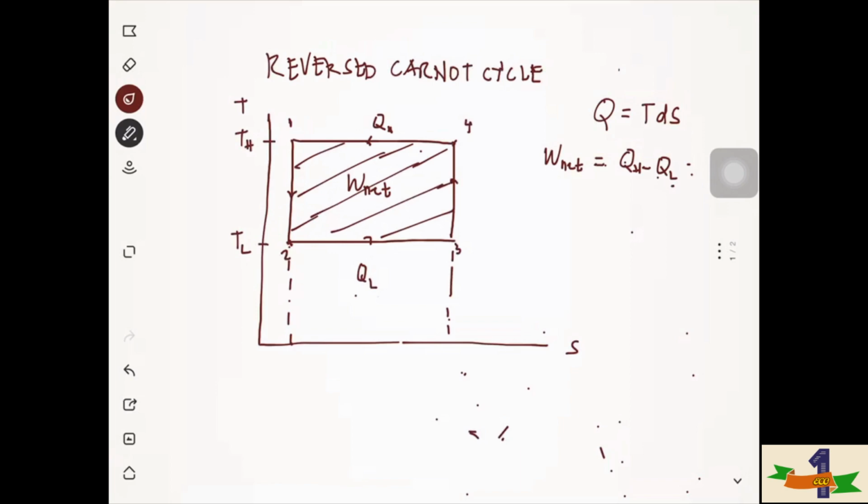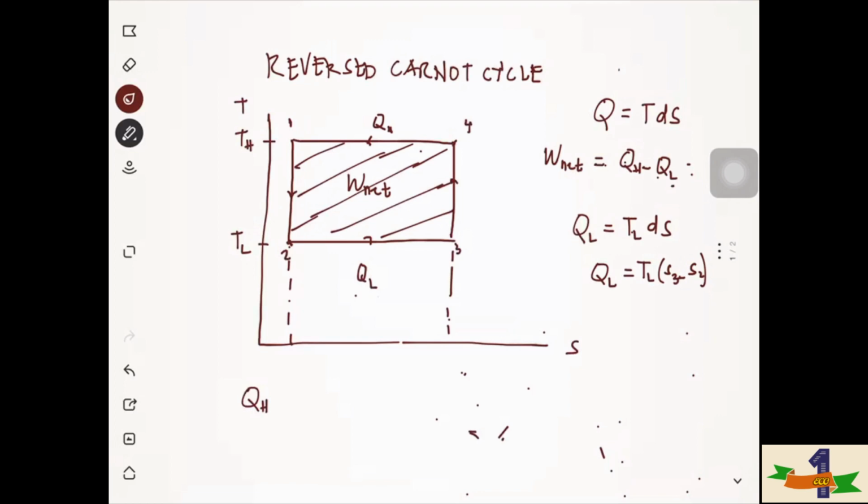So by second law of thermodynamics, we have Q is equivalent to T times the delta S. So therefore, you can say that QL here is temperature L or TL times delta S. So our QL, this would be TL times what? This is S3 minus S2.